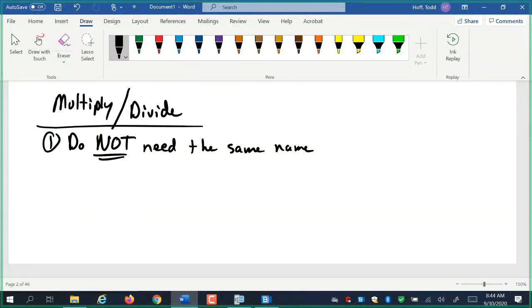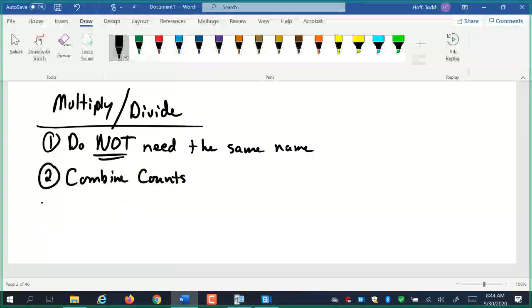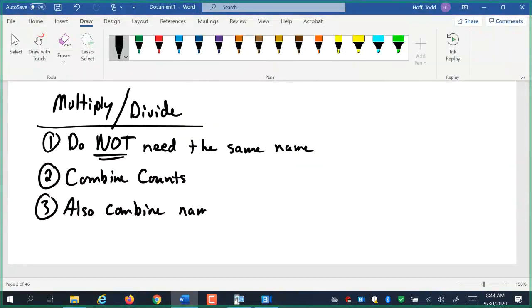With decimals, we didn't have to line up decimal points. Scientific notation, we do not need the same power of 10. We're going to combine our counts. Then we're going to also combine names, which means we're going to have to combine our powers of 10.